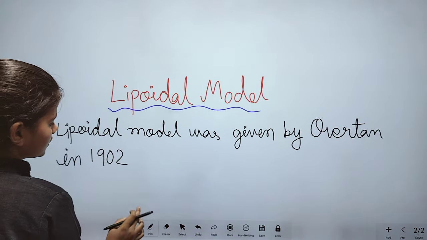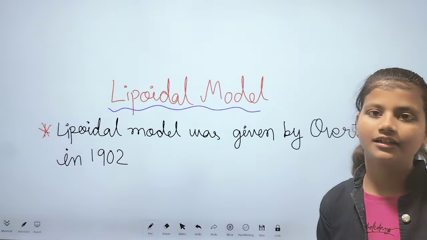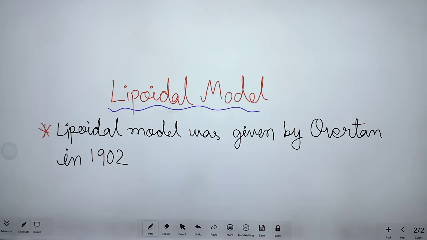Okay, so the first model is the lipoidal model, and it was given by Overton in 1902.